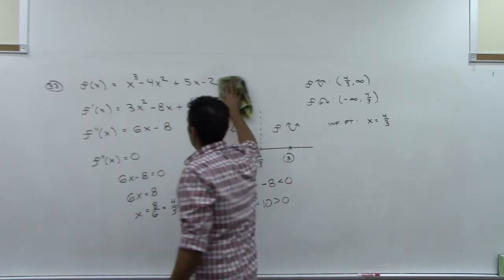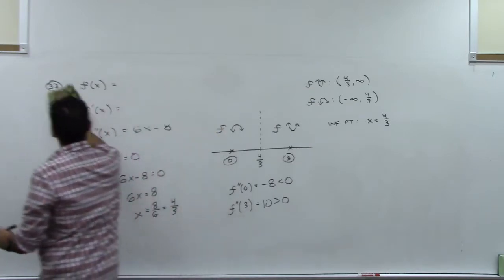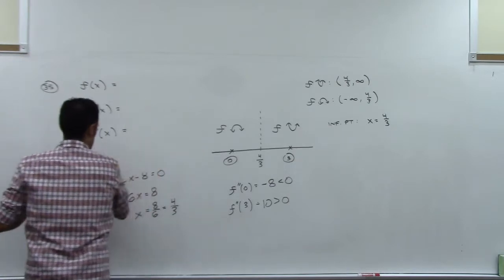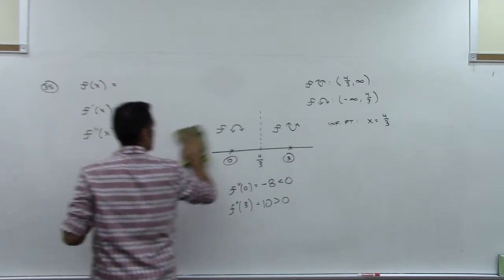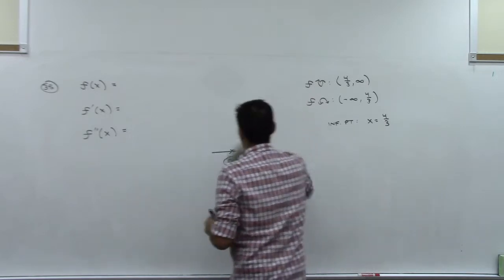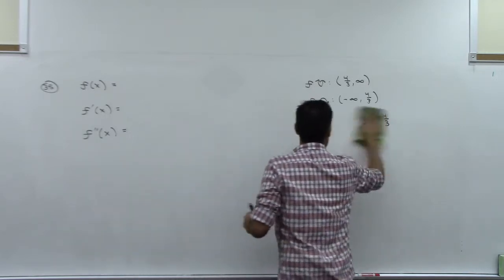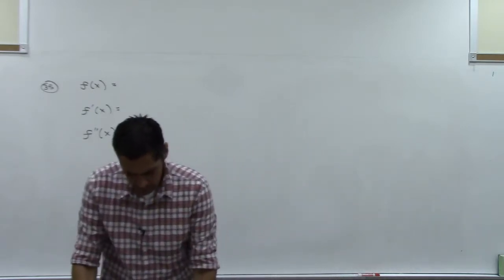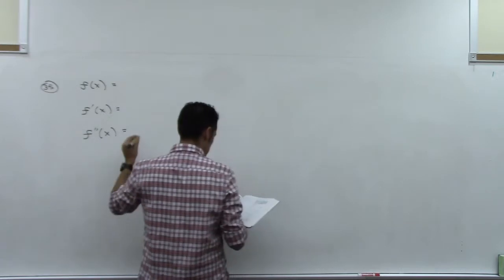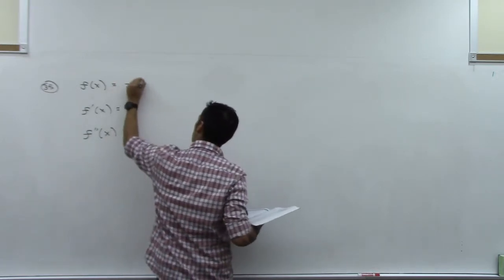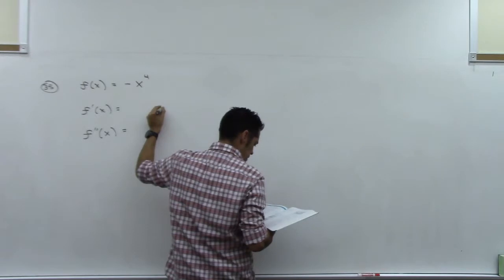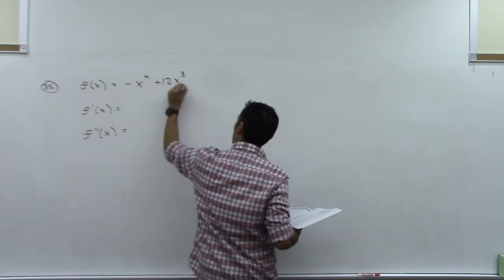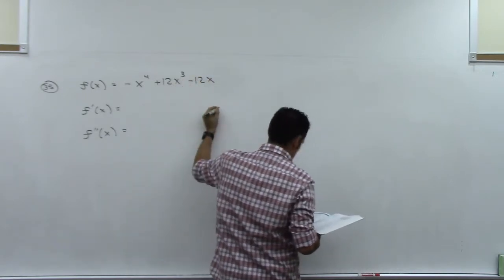All right, let's look at number 35. So for number 35, we have this nice polynomial here, negative x to the 4th plus 12x cubed minus 12x plus 24.